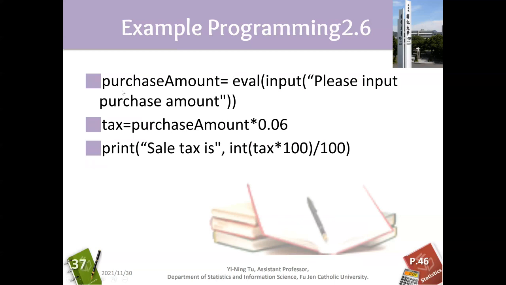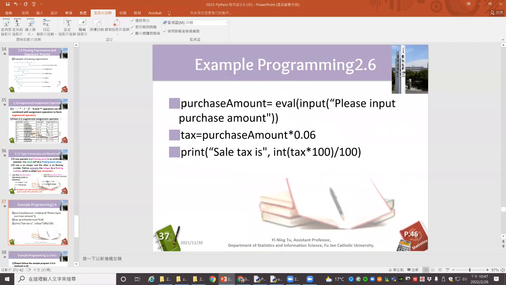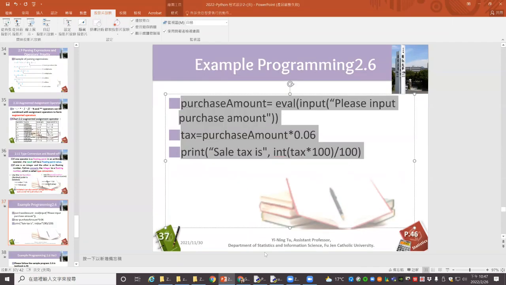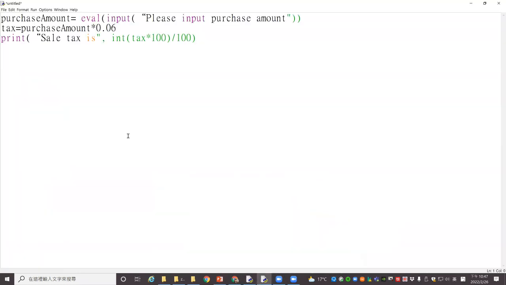So the question is, when you purchase something, please input the purchase amount, and we will have to pay the tax. The tax is purchase amount multiplied by 0.06, yeah, 6%. So we will print the sales tax. It's just like this. And I want you to try this by yourself. But I will copy paste to here.